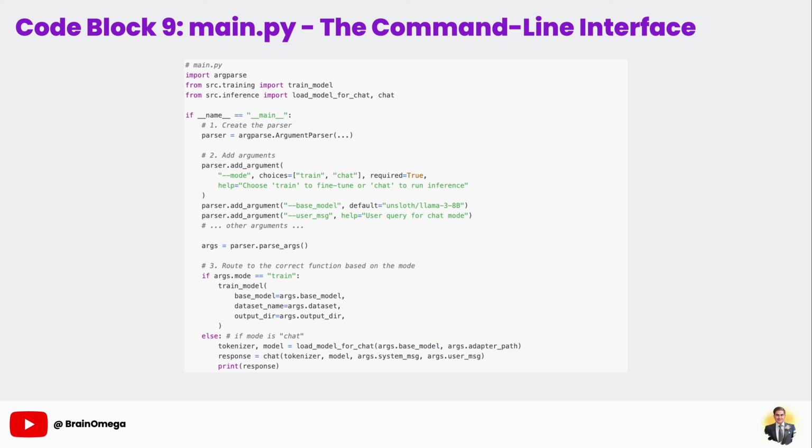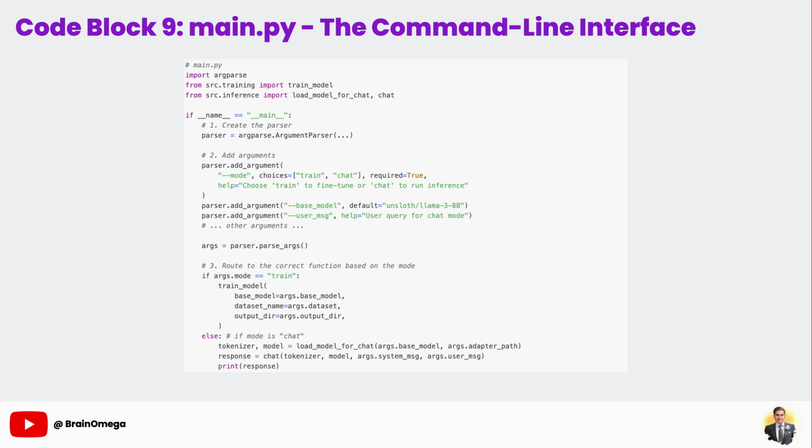We also add arguments for things like the base model name, the dataset, and the user message for chat mode. After parsing the arguments provided by the user on the command line, we have a simple if-else block that acts as a router. If the user ran the script with --mode train, we call our train model function from training.py, passing in the relevant arguments to start the fine-tuning process.